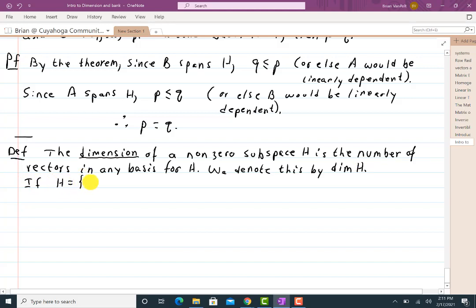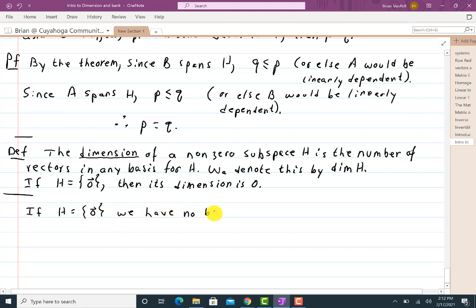If H equals simply the zero vector, then its dimension is 0. If H equals 0, we have no basis, since the only vector in there is the 0 vector.